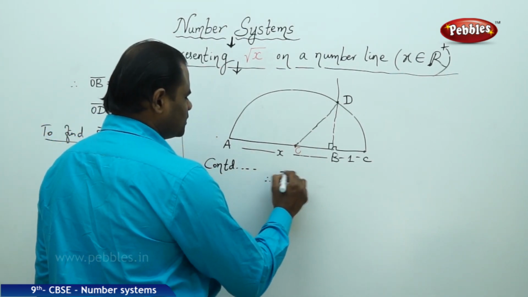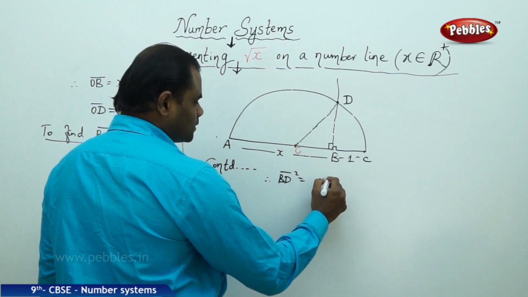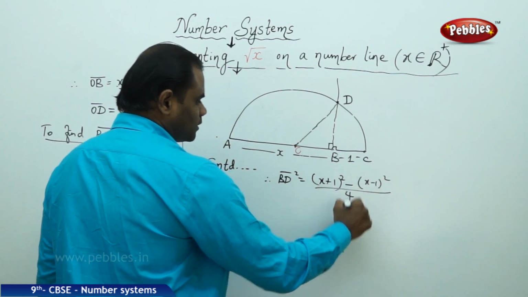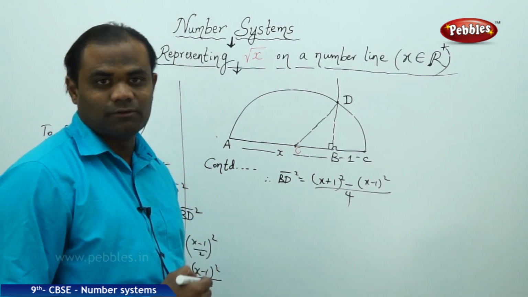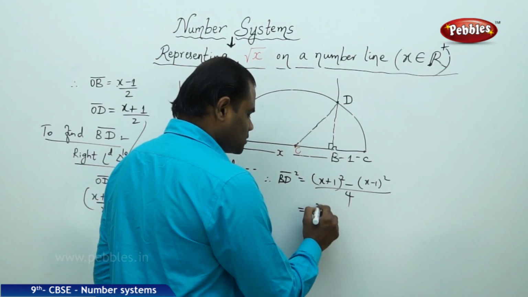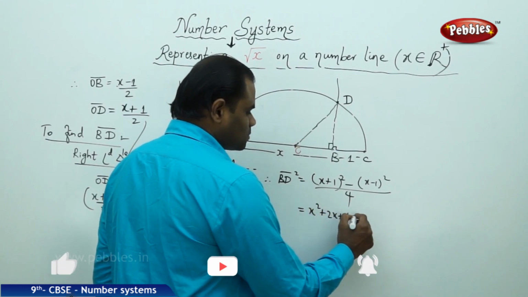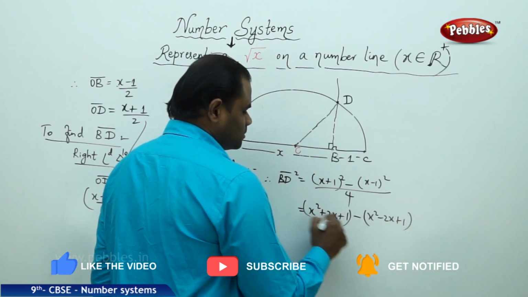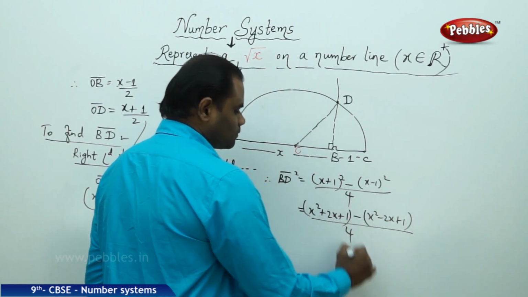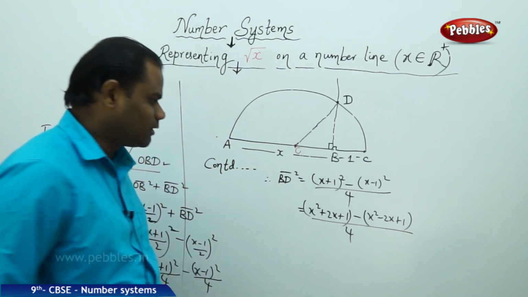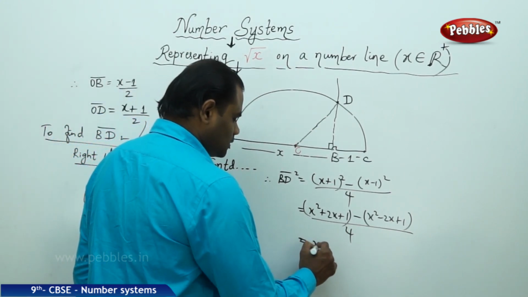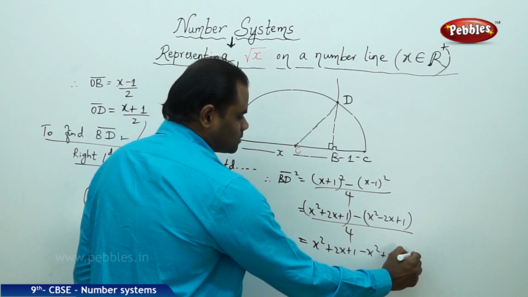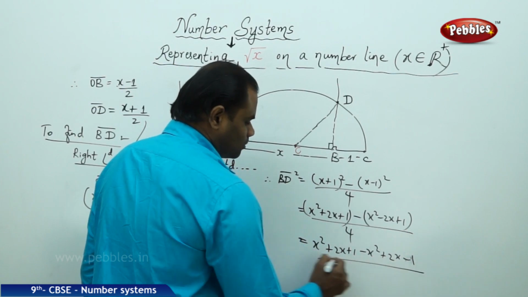Therefore, BD square equals x plus 1 whole square minus x minus 1 whole square by 4, which on simplification gives a square plus 2ab plus b square minus a square minus 2ab plus b square by 4, that is, x square plus 2x plus 1 minus x square plus 2x minus 1 by 4.